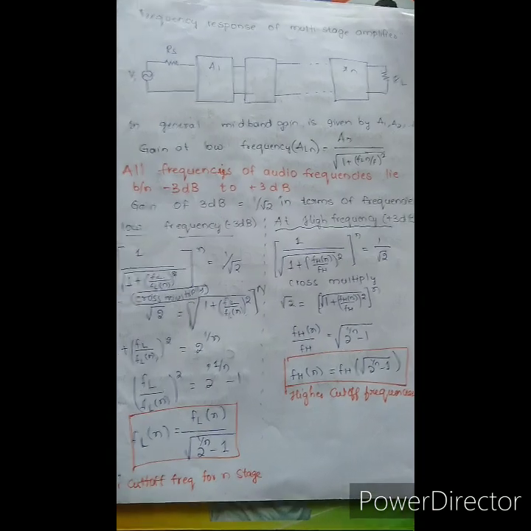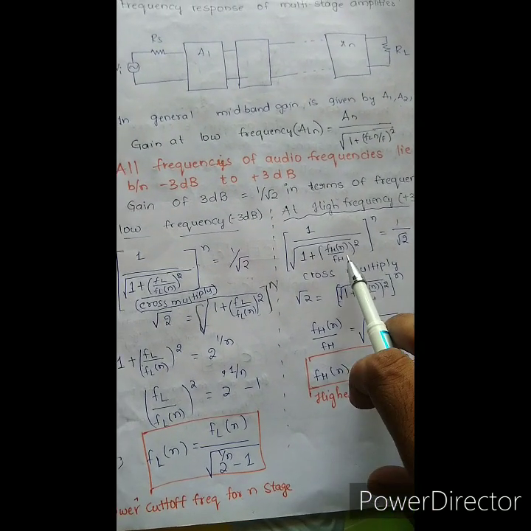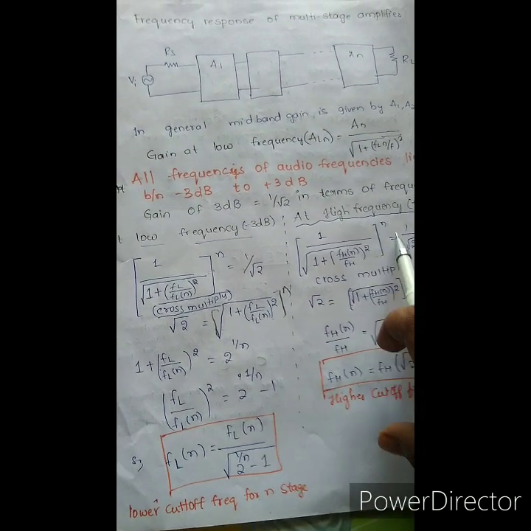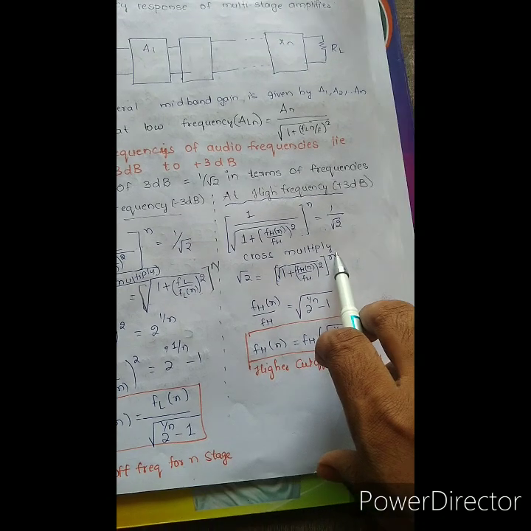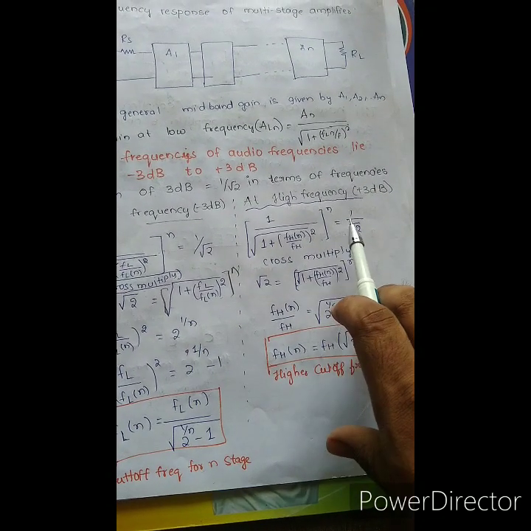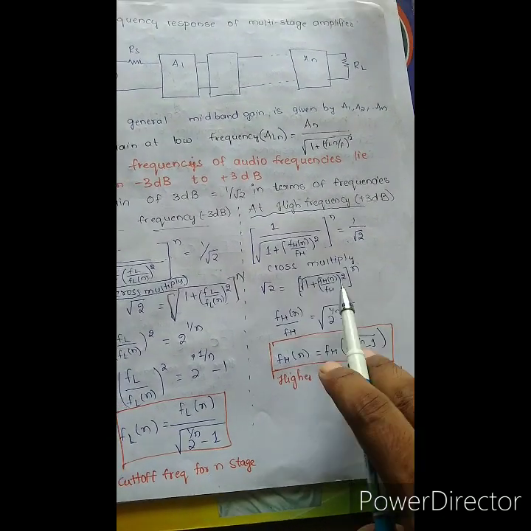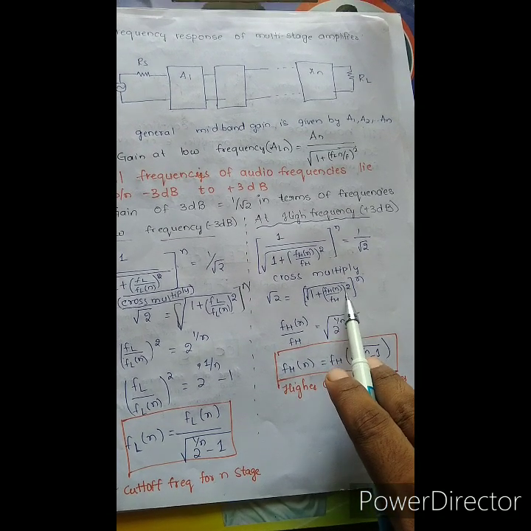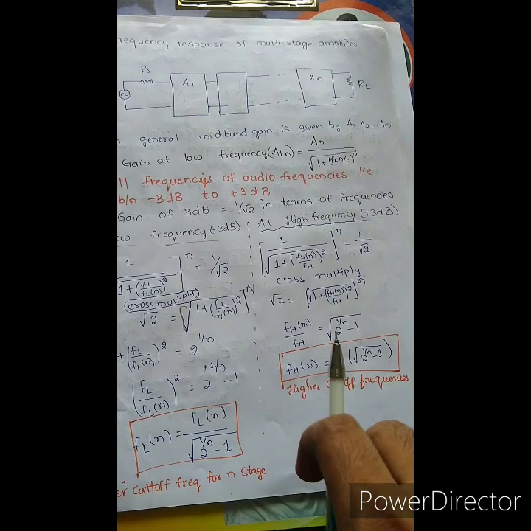Similarly, the higher cutoff frequency can be derived as 1 by under root 1 plus FH by FHn whole square, whole power n, equal to 1 by root 2. By cross multiplying, root 2 equals 1 plus FHn by FH whole square, under root, whole power n.